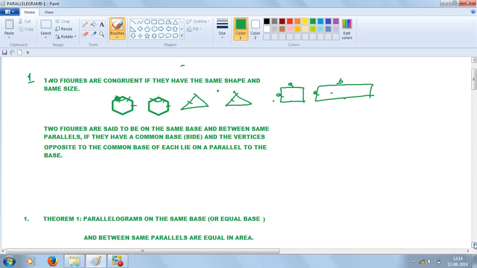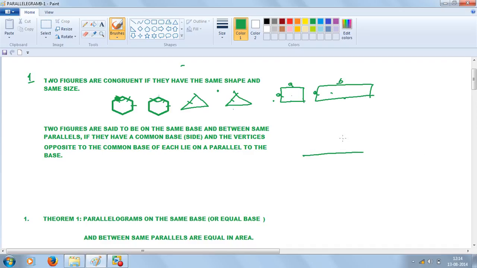Now we will come to parallelograms. Two figures are said to be on the same base and between the same parallels if they have a common base, and the vertices opposite to the common base of each lie on a parallel to the base.